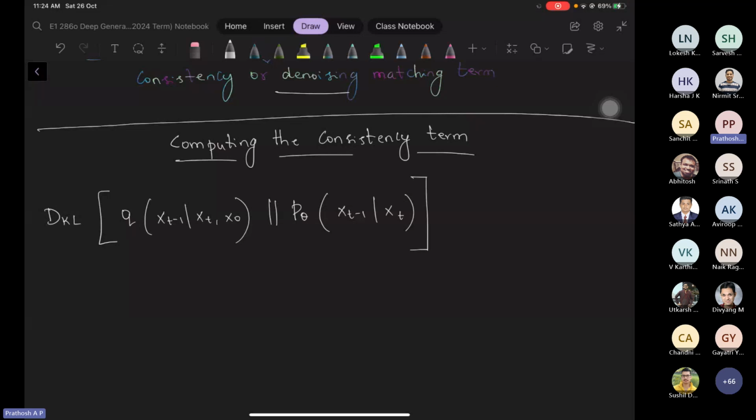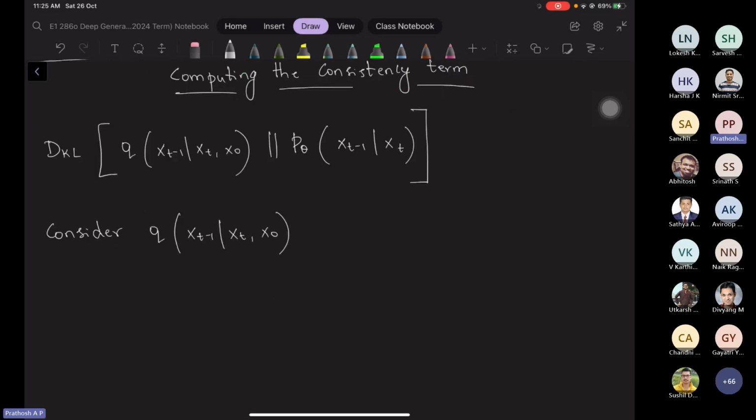Okay, first we need to consider, somebody was asking how to compute this, so let us see how to compute this.